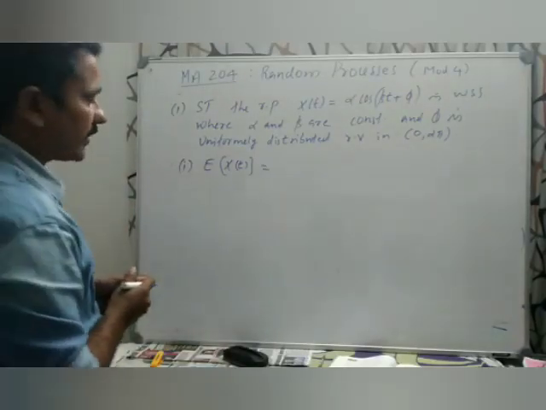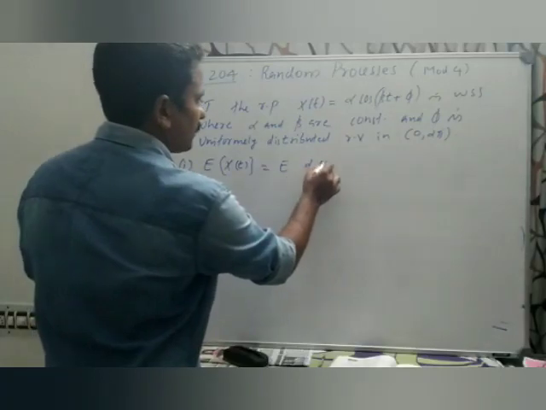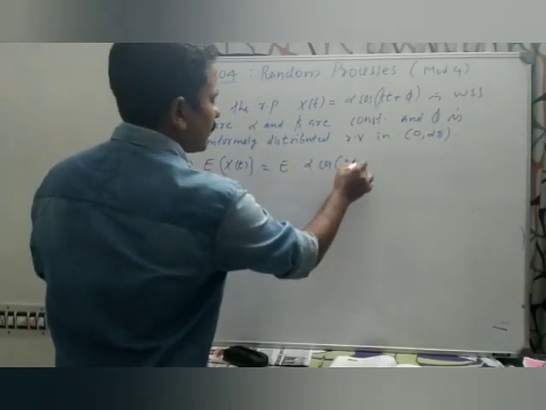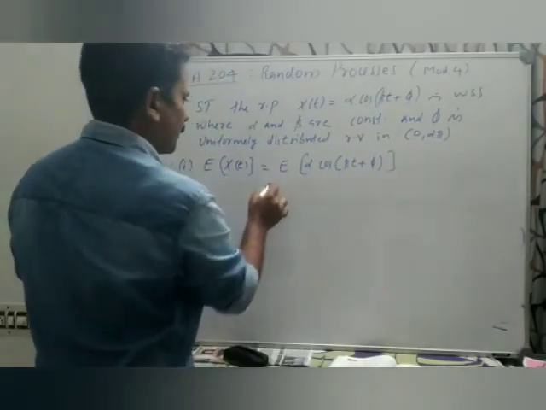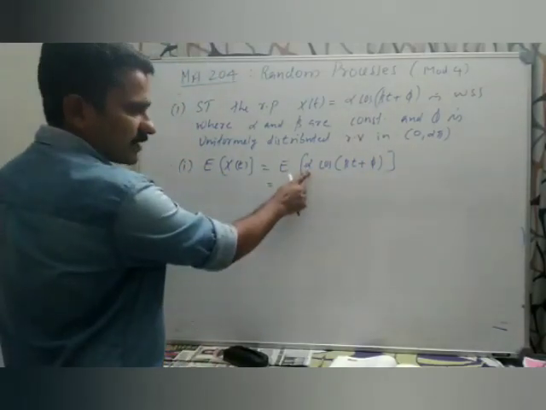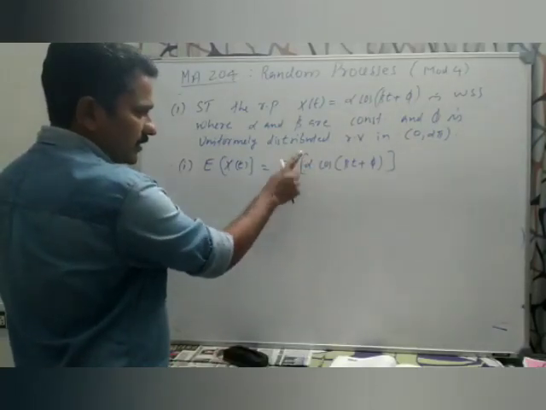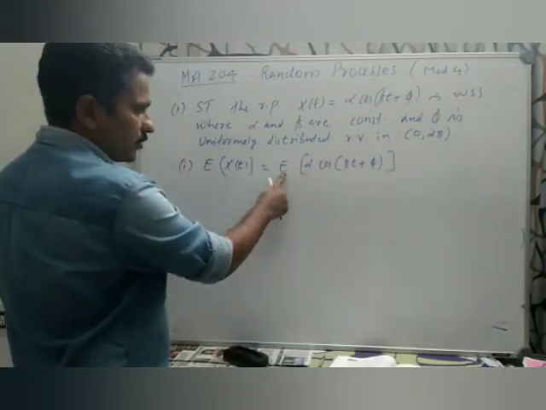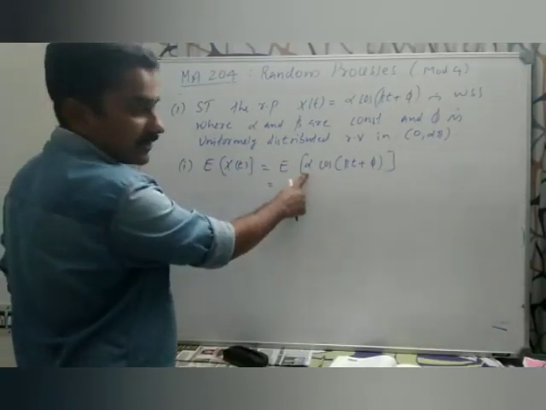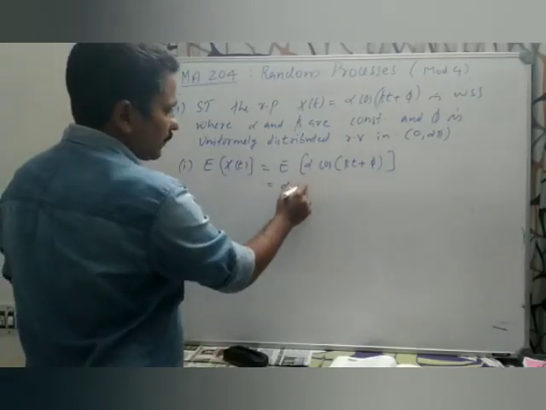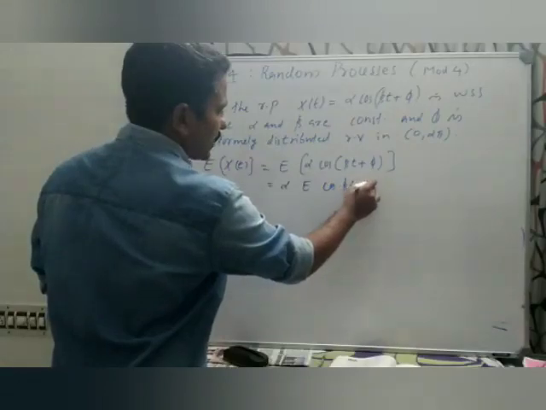This is the expectation of alpha cosine of beta t plus phi. Alpha is a constant, not a random variable, so it is a fixed quantity and its expectation is that value itself, because there is no randomness here. So alpha comes out, and this is alpha times the expectation of cosine of beta t plus phi.